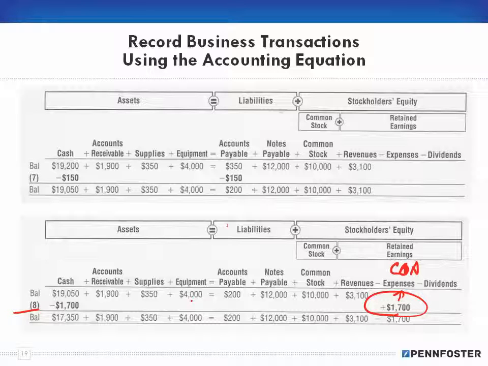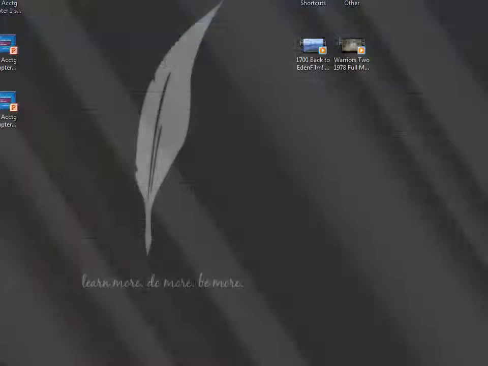Right? So we went and covered a revenue account before, and now we're covering an expense account. And notice that our accounting equation is still not in balance because we haven't closed out the accounting period. Right? So with that, I'm going to stop and pick up in the next video.